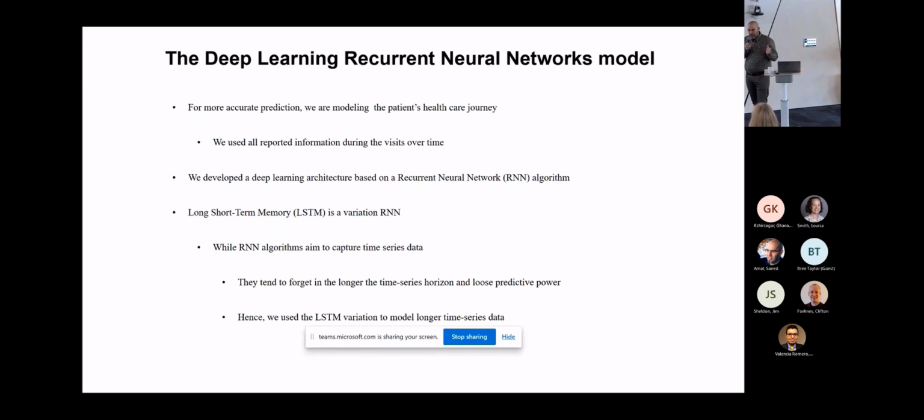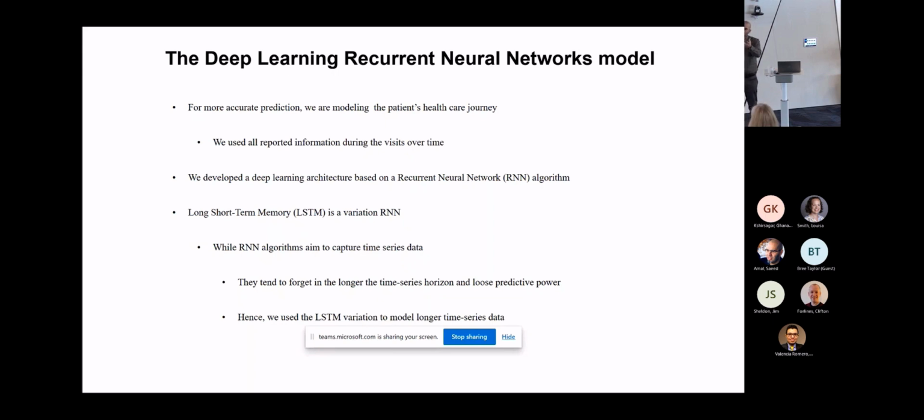I'll talk a little bit about the RNN, recurrent neural network, because of its ability to model sequential data, which fits our needs, because we need to model the visit information that appears in the visits of the patients, and this has sequential behavior, so we use the RNN. For the RNN, there are multiple variations.